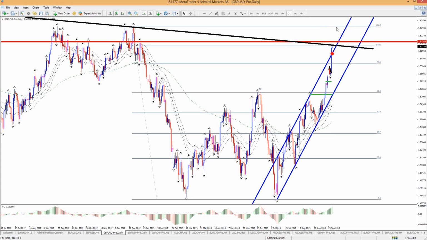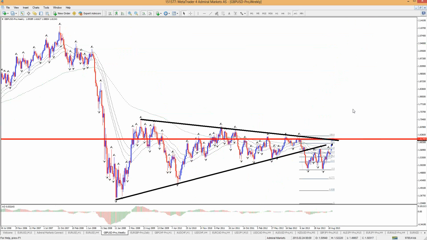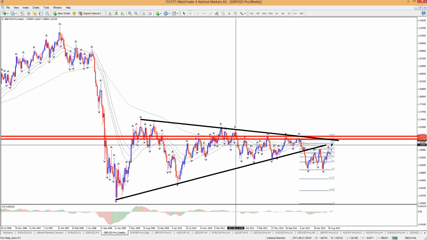So from a weekly perspective, we got this top right in here, right? And these tops. 163, obviously a major level, because we haven't broken above there since 2 years ago, and only shortly.